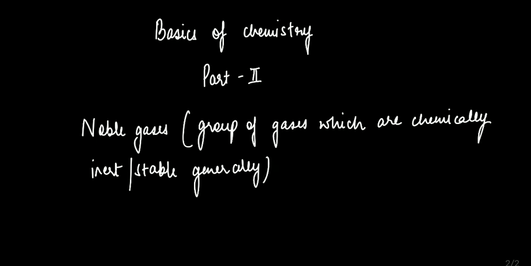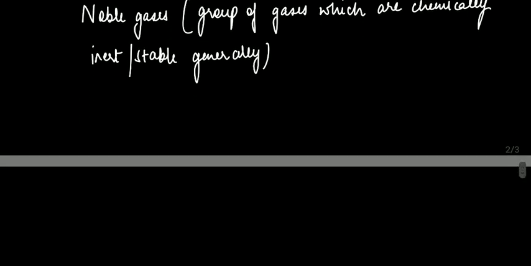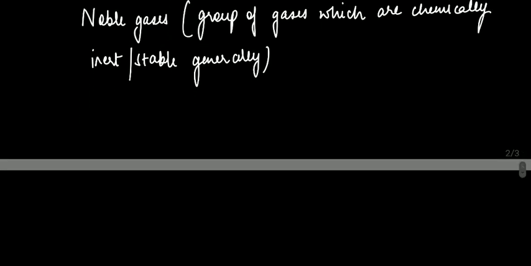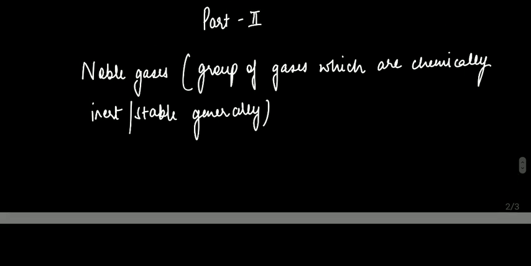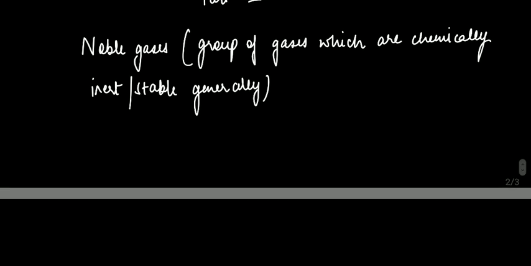Now, in order to locate noble gases, we can see the periodic table. I don't want to add a picture because you need to have a memory of the periodic table somewhat. If you always have the periodic table in front of you, you'll be dependent upon that.